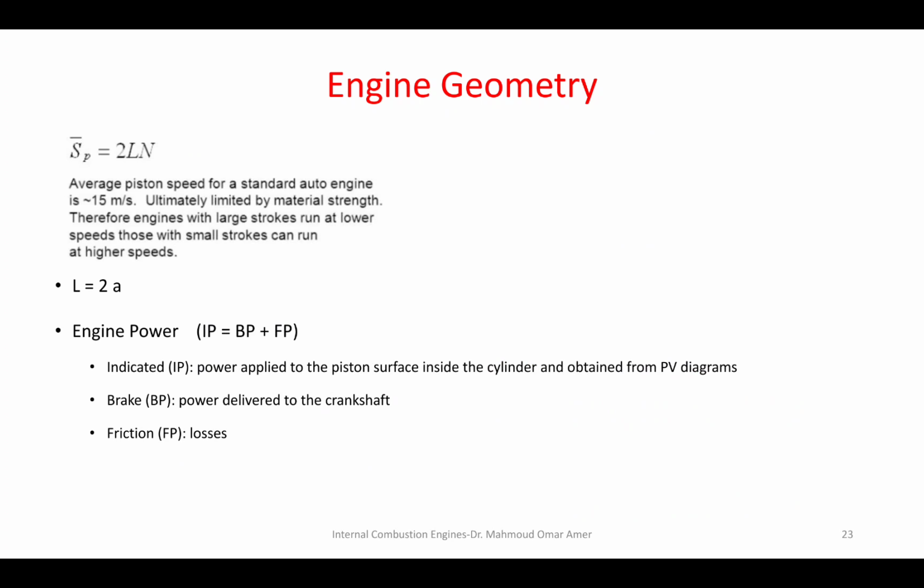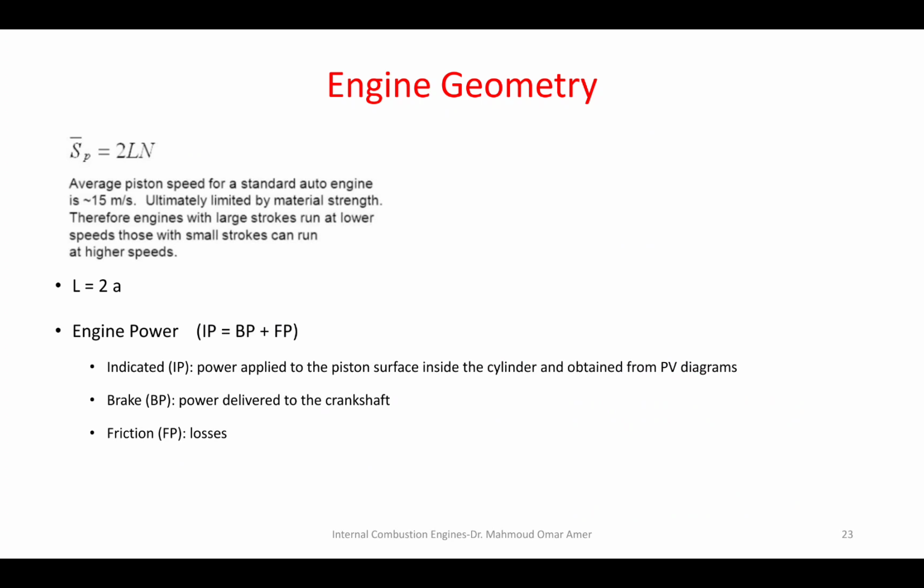What about engine power? We have 3 main powers: indicated, brake, and friction. As I said at the beginning of the lecture, the main power comes from the fuel, which is chemical energy.